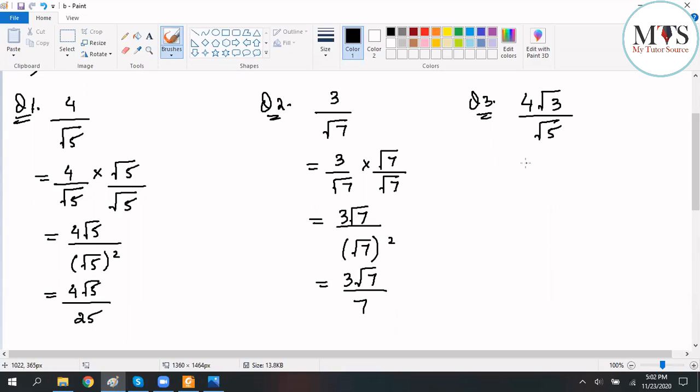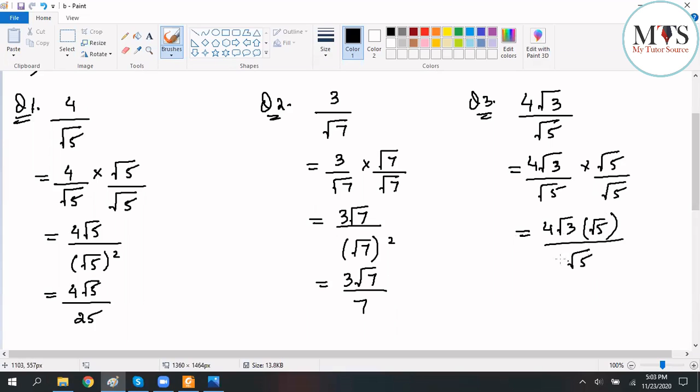Times the top by root 5 and times the bottom by root 3. No. In both cases, we would times it by root 5 because it's the denominator that we're rationalizing, not the numerator. So this becomes 4 root 3 times root 5 over root 5 whole squared, which is 4 root 15 over 5.